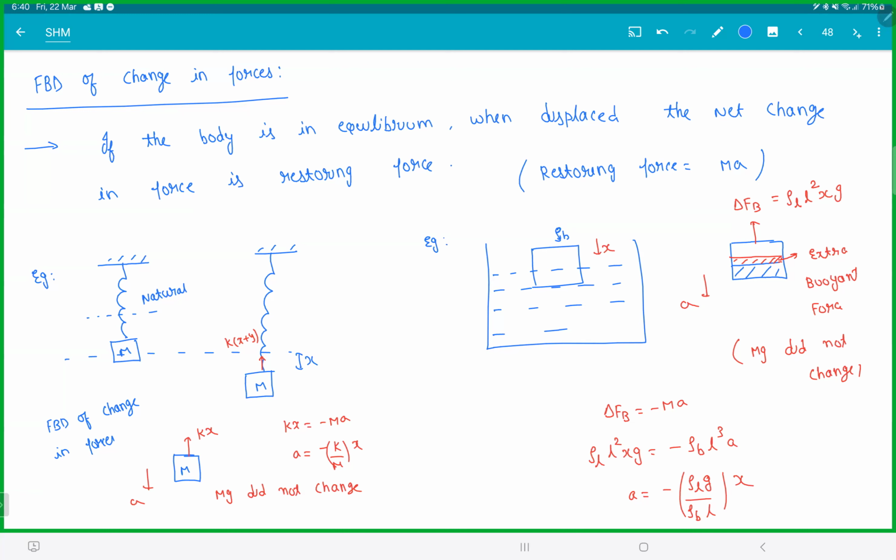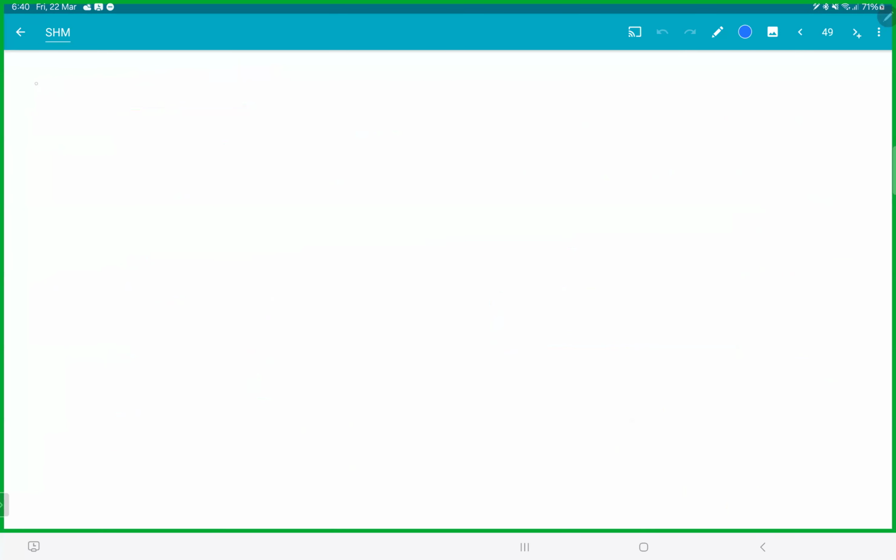Now we saw one spring and one block. The answer is 2 pi root of m by k. That's a standard result. Combination of springs. We have done this in NLM if you remember. If you have springs in series, they have the same force.